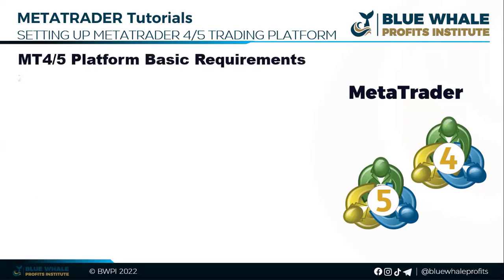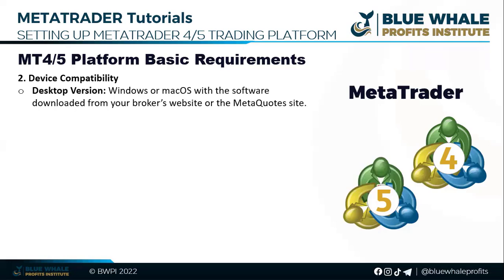Continuing, the second thing is device compatibility. For instance, if it's a phone, you have to understand which type of mobile device you are using, and that the software supports the MT4 or the MT5. If it's a desktop, it's the same thing.